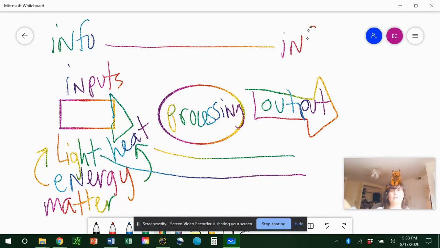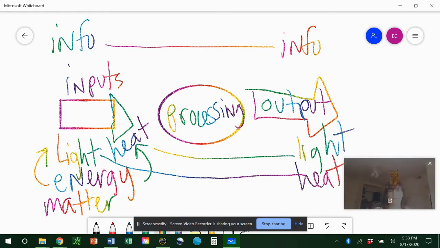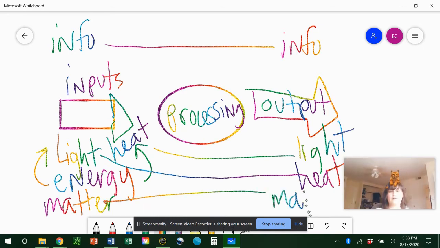Okay. And matter. Okay. So there's some notes and some cool psychedelic colors. All right, so that's inputs and outputs. Okay, so anything that you put into a system is an input. Anything that goes out of a system is an output.